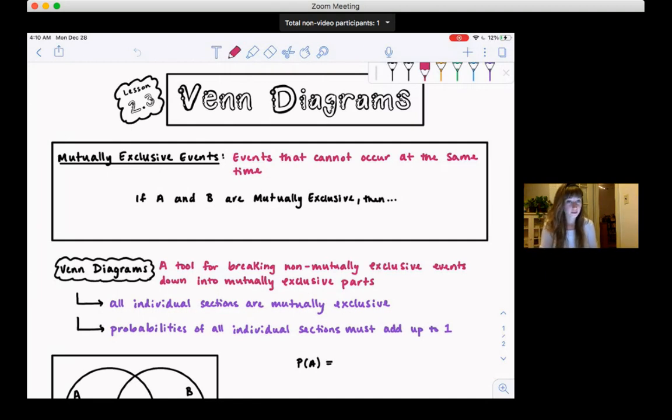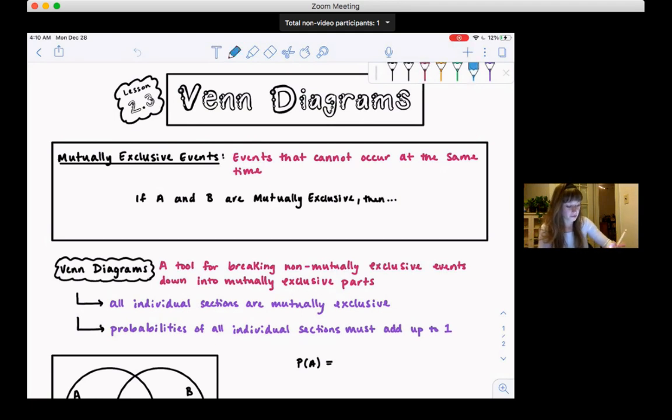So what are mutually exclusive events? They are basically events that cannot occur at the same time. So if event A occurs, then we know event B can't also occur. And mutually exclusive events are nice because there's a rule for their probabilities.